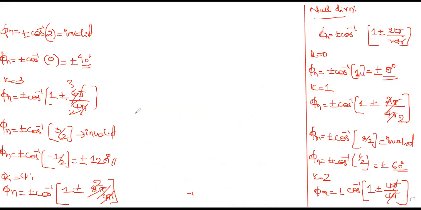It is phi null is equal to plus or minus cos inverse of 1 minus 2, which is minus 1.